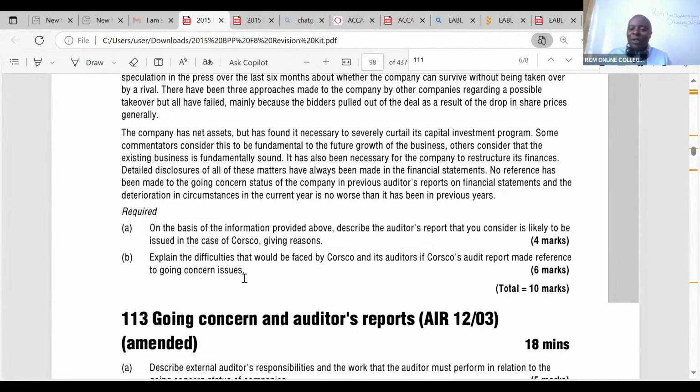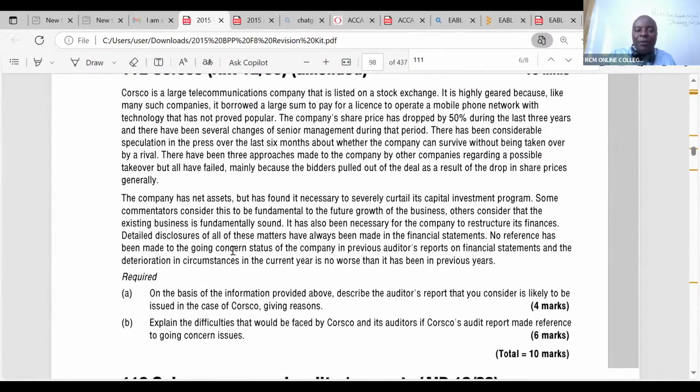There will be lots of difficulties, ladies and gentlemen. As an auditor, be an auditor who is looking at resolutions. Be an auditor who is for resolving issues. Let people do their things correctly. Don't go and sit somewhere at night without involving people and then come up with a report. No. So let me read this question pretty fast.